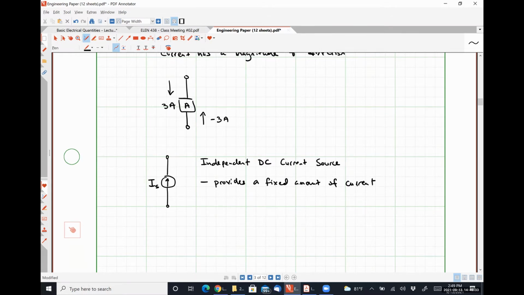There is no relationship between the current being provided by that source and the voltage that is appearing across the terminals of that source. So that's another way to look at that independence, okay? So we know exactly how much current is flowing through it. We know nothing about the voltage that's appearing across it.